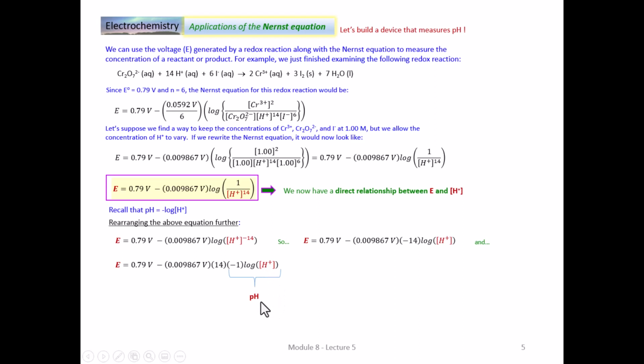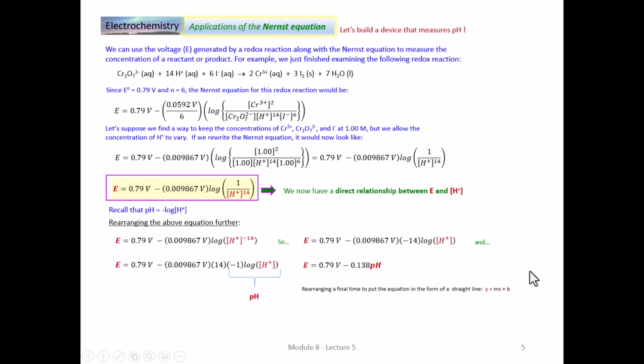So if we substitute that into the equation and we go ahead and multiply 14 times 0.009867, our equation simplifies to the measured potential equals 0.79 volts minus 0.138 times the pH.